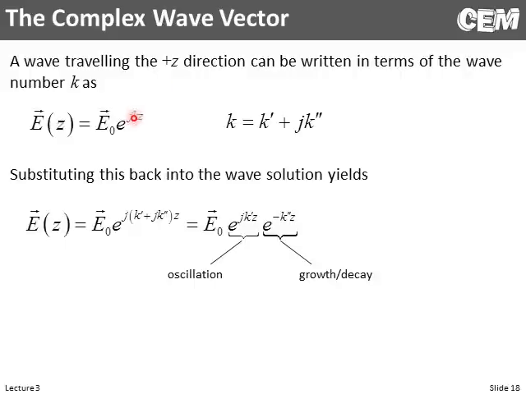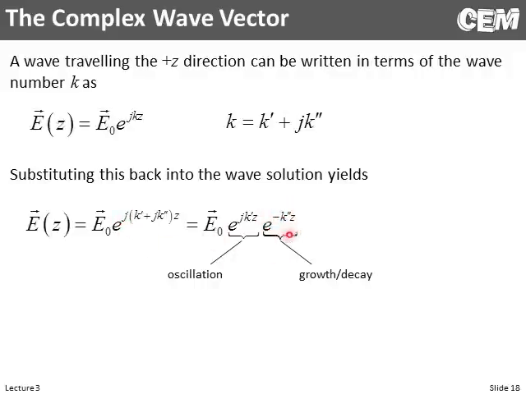If we plug that back in here, substitute that in, and then expand out that exponential, we see two terms arise. One has a jkz, so the real part of k is responsible for oscillation. That's our phasor. The other one, the imaginary part, had a j sitting there, so this j multiplies this j, and we end up getting just a negative without any j.